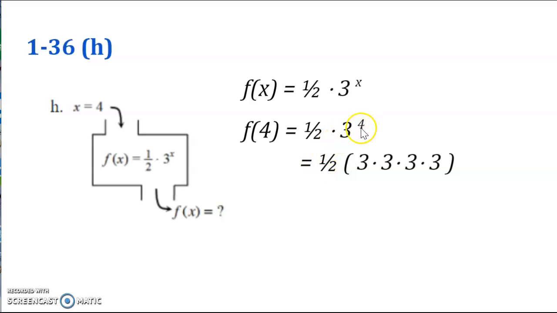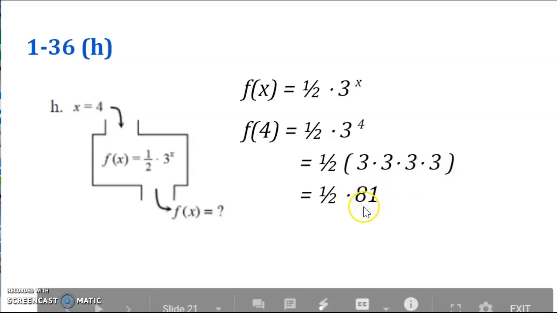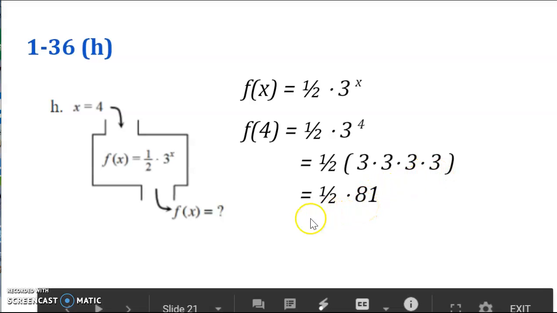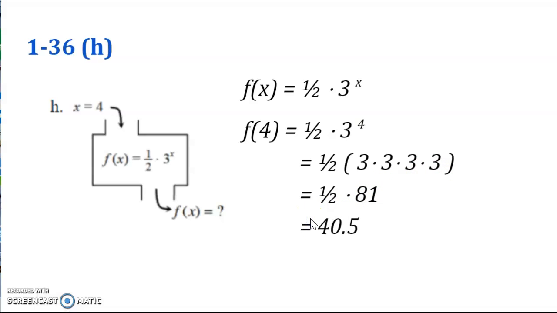Is it 3 times 4? No, it's not. It's 3 being multiplied by itself. How many times? 4 times. So that's 3 times 3 times 3 times 3, which is 81, because 3 times 3 is 9, 9 times 3 is 27, and 27 times 3 is 81. And then multiplying that by half is going to get you 40.5.